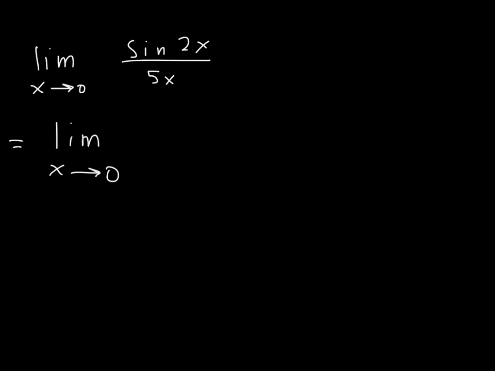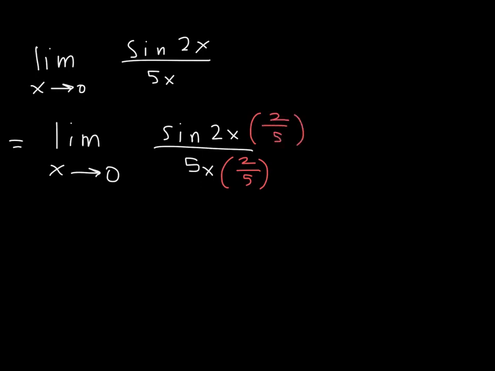So in other words, what if I multiply this by 2/5? That would allow me to divide out the 5, and I'll be left with 2x down here, which is exactly what we need. But you and I know that if you multiply the denominator by 2/5, you should multiply the numerator by 2/5 as well. Correct, everybody?